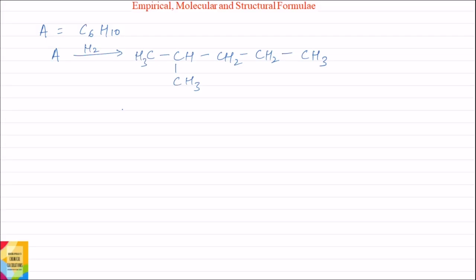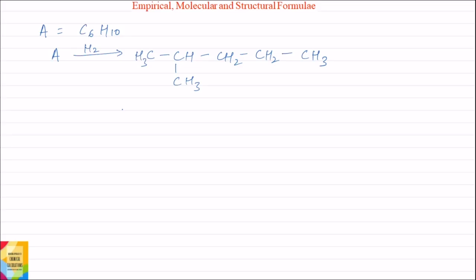Now on treatment of compound A with ammoniacal silver nitrate, A does not react. This shows that the triple bond in A is internal, because only terminal alkynes react with ammoniacal silver nitrate.